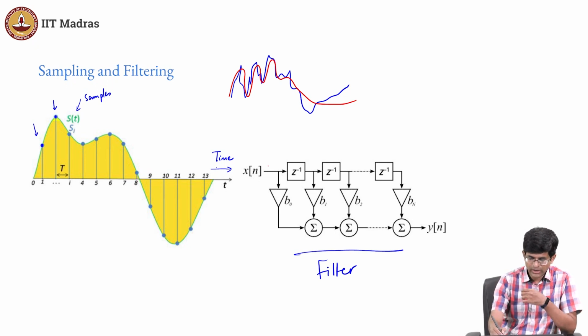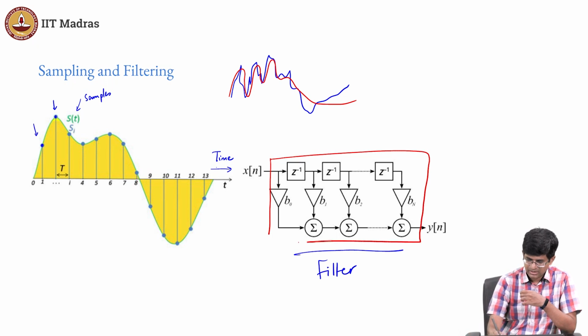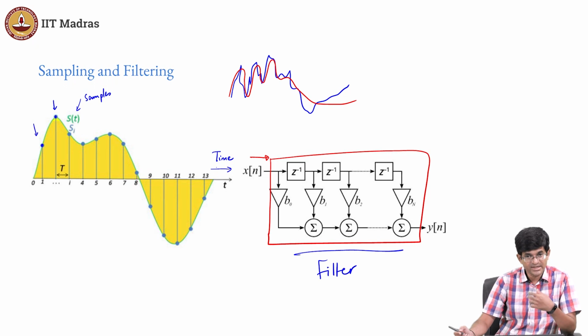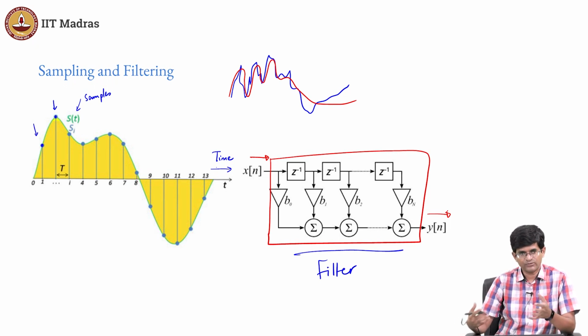Now, the point is, look at what a filter looks like. It is taking in data in a certain format, which is a sequence of numbers, and giving out data in the same format, another sequence of numbers. Sounds familiar? This is exactly what a Unix pipeline was also trying to do. So, if you come from this background, you can start to think of those Unix commands as filters.